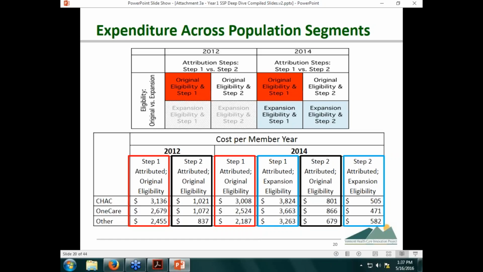So on the whole, we're seeing the Step 1 folks and the Step 2 folks through the expansion who are all looking less expensive than their peers in 2012. And then there's that smaller subset of the overall population that was, in fact, more expensive. But on the whole, we're seeing a decrease.